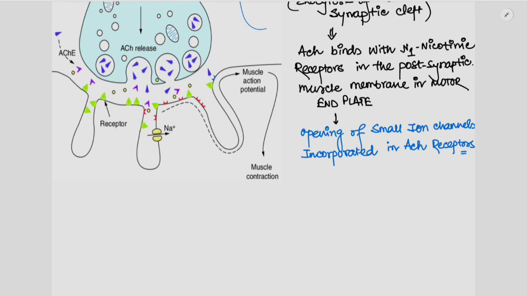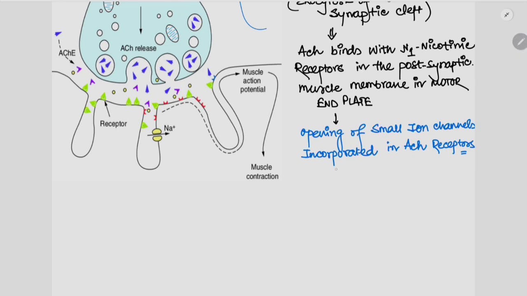One is ligand gated and another one is voltage gated. Firstly, the ligand gated sodium channels are activated due to the binding of the acetylcholine molecules. Then when the positivity increases bit by bit, the voltage gated sodium channels also open and allow the sodium ions to enter the motor end plate, right?